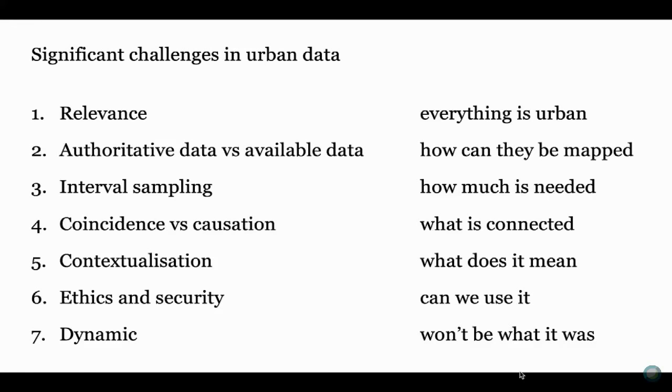Twitter is broadcasting a stream of data. Every other social media is. The location of every handset as it walks around in your pocket is broadcasting location data. These are used in different ways, but we draw a distinction between authoritative data and available data. What is available may not be reliable. And the differences between these data sets mean maybe they can't be mapped and overlaid onto one another in a sensible way.